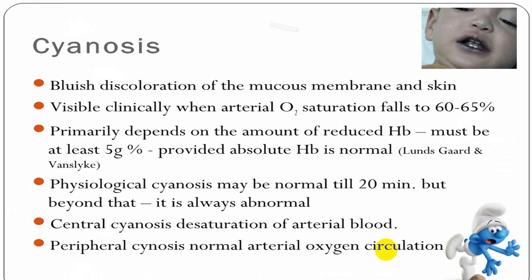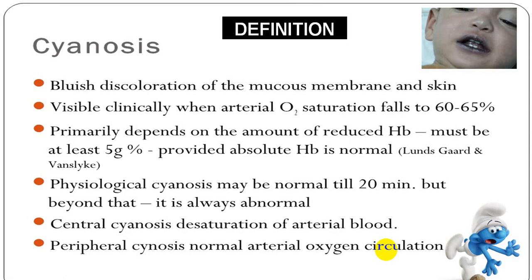So what is cyanosis? Cyanosis is a bluish discoloration of skin and mucous membrane which is due to presence of reduced hemoglobin, or we call deoxyhemoglobin, more than 5 gram percentage circulating in blood.